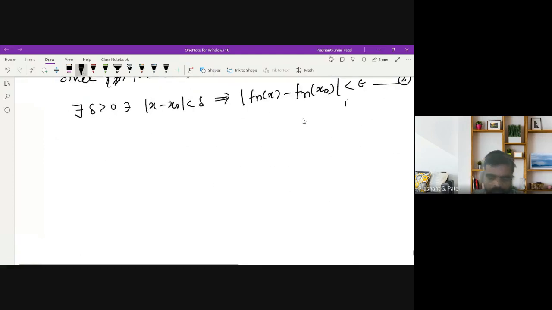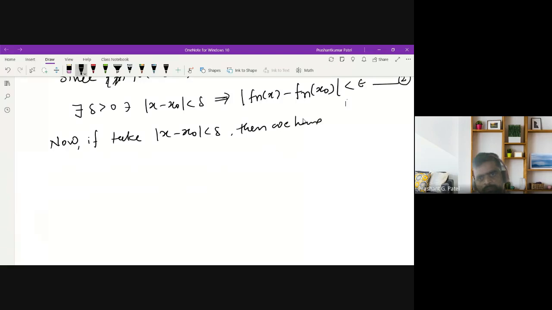So now if we take mod of x minus x0 less than delta, then we have mod of f of x minus f of x0. So we have to add and subtract some terms here.